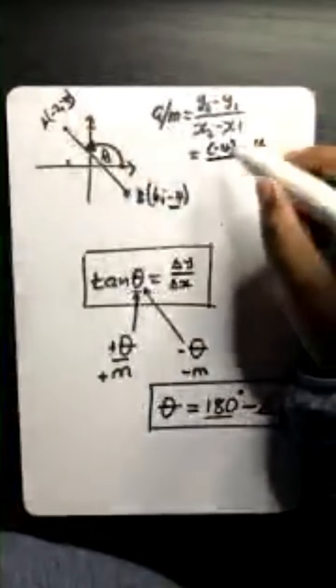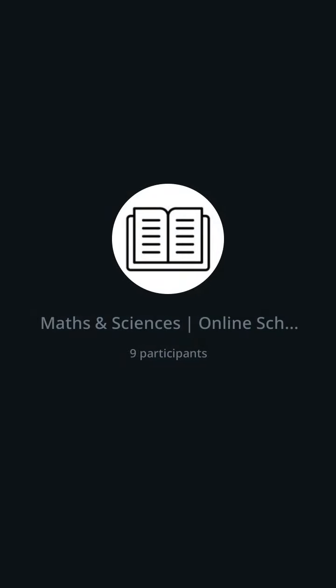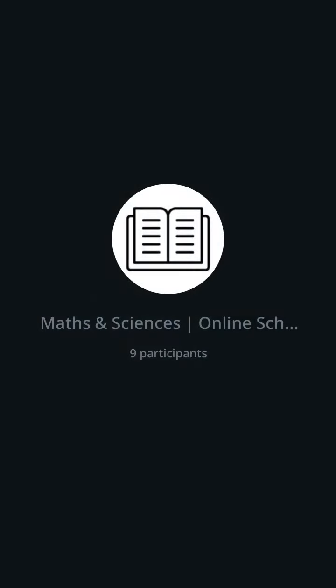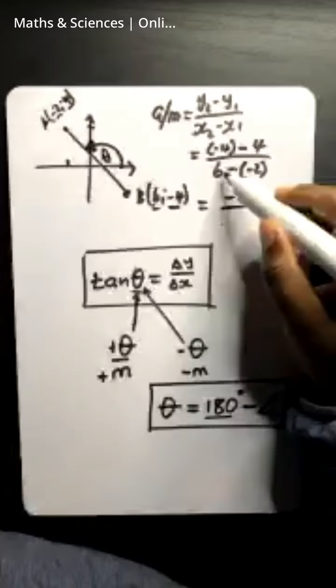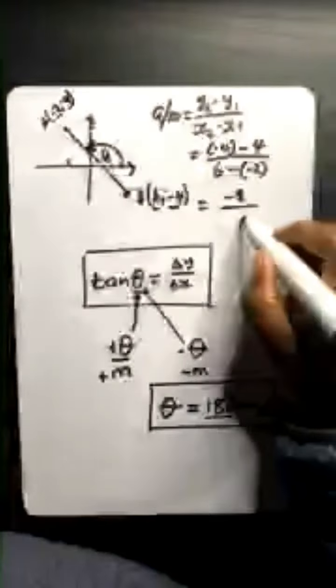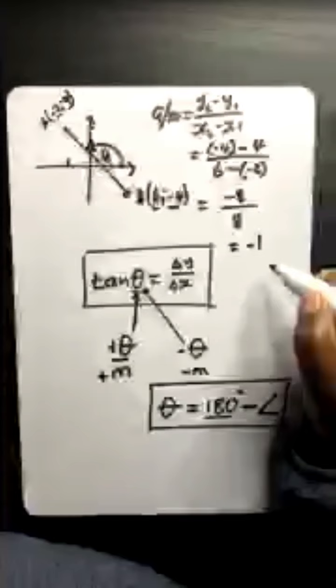All over x2, which is going to be 6, minus x1, which is -2. So that is 6 minus negative 2, which is 8, positive. So what is this over that? Is it not -1? So can you guys see that?